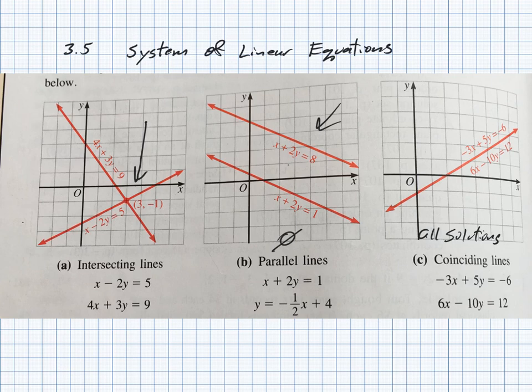Now, there are three methods that we use to solve systems of equations. One is by graphing: we graph the two lines and see what points they share. The other is by substitution.